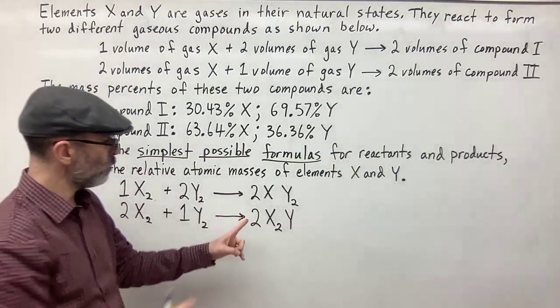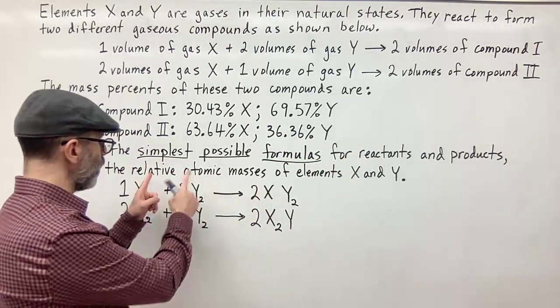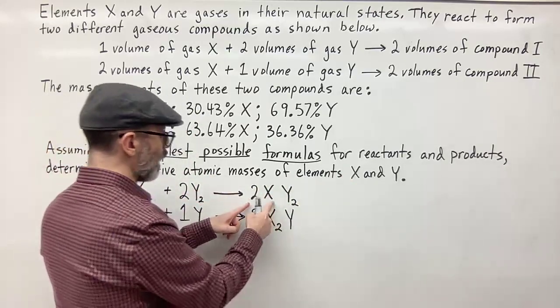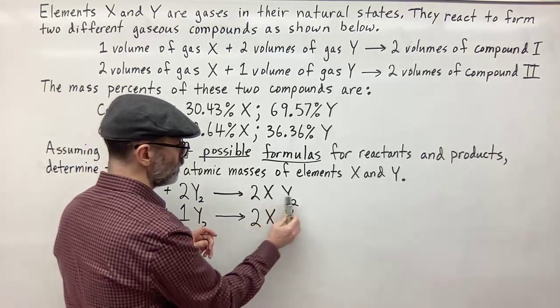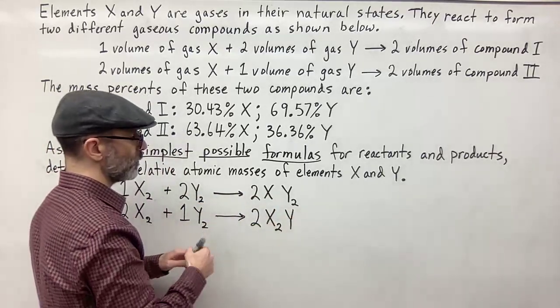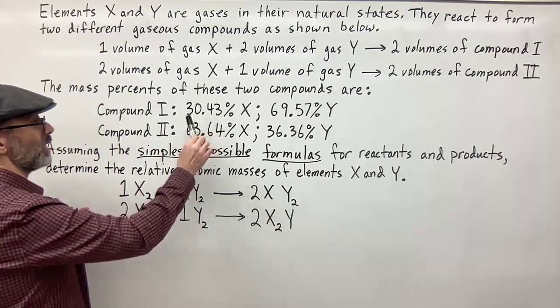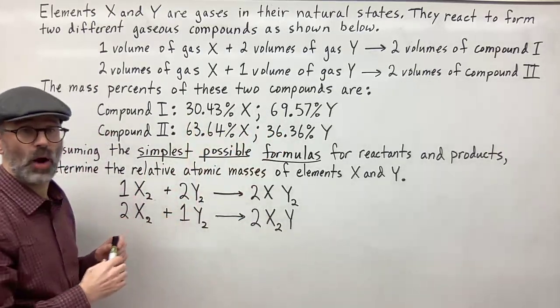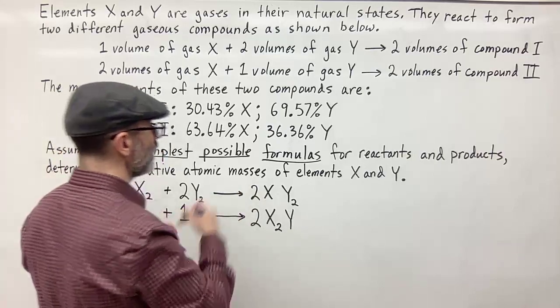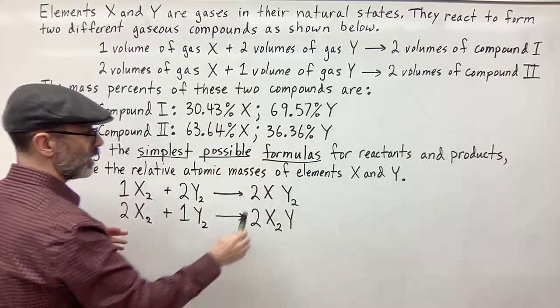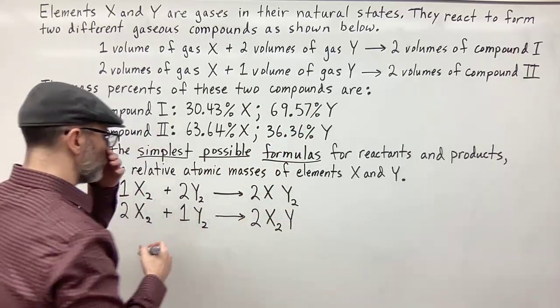Okay, so we want to determine the relative atomic masses of X and Y in the compounds. So this is compound number 1. Look at the relative masses of X and Y. Here we're given the percent mass of X and Y in the compound. So we can use this percent as a ratio and then compare that with this here. So what do I mean?